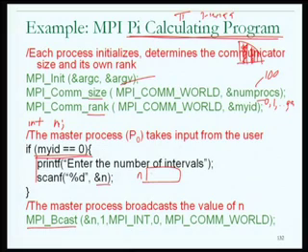For example, if the user had typed in that he wants 1024 intervals to be used, then the value of n in the address space of process P0 will be 1024. Of course, the value of n in the address space of other processes will have whatever its default value is, possibly 0. But after the broadcast, which is done by process P0 as root, using the value in its variable n, which is one integer value, to all the processes in communication world.